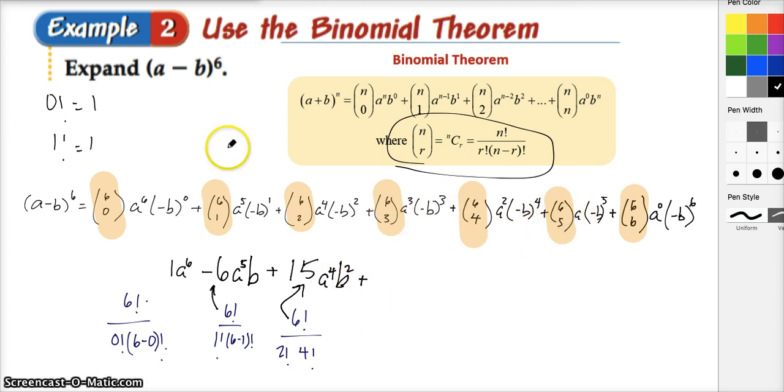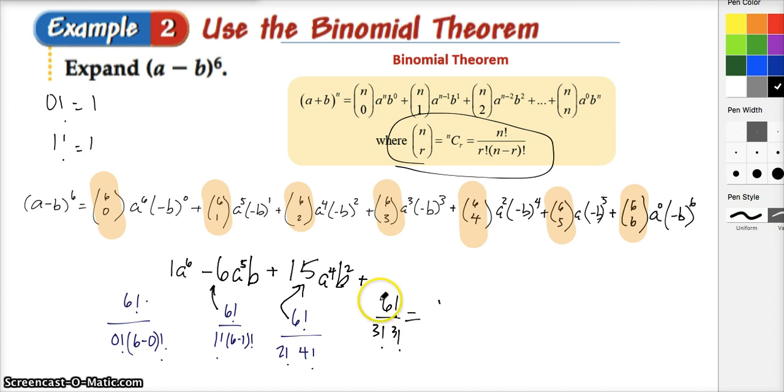This one is going to be 6 choose 3. And when we follow the formula, 6 choose 3 will be 6 factorial over 3 factorial times 3 factorial. That's 6 minus 3 here, which is where we get that second 3 factorial. And then we'll rock it out. We know that 6 factorial is 6 times 5 times 4 times 3 times 2 times 1, and 3 factorial is 3 times 2 times 1.